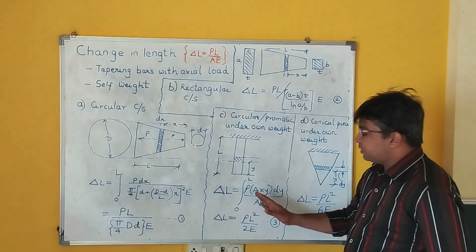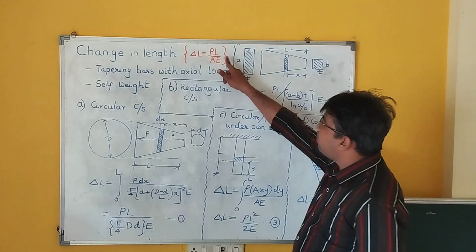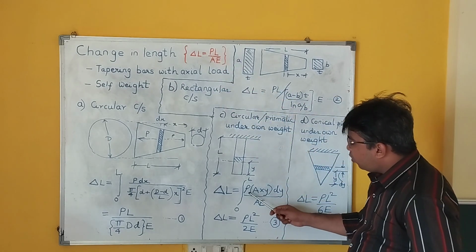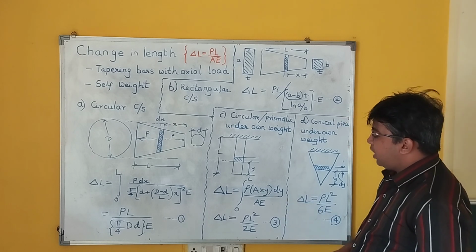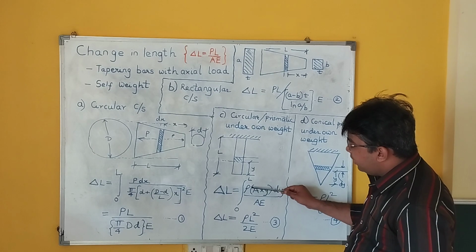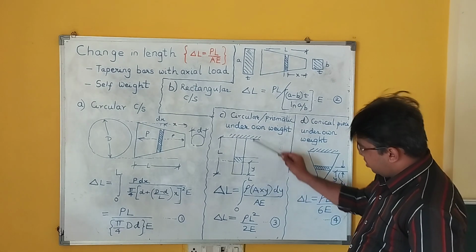So we get elongation of the element equal to PL by AE. Here P is equal to rho into A into y. Now A into y corresponds to volume below the element, and rho is the unit weight, that is weight per unit volume of the bar.